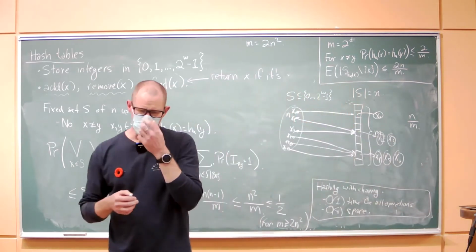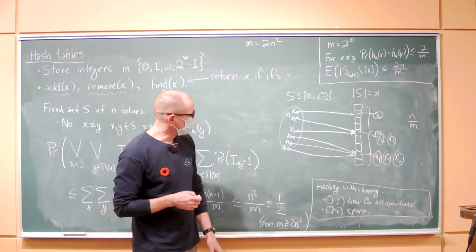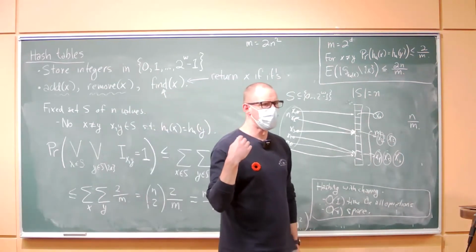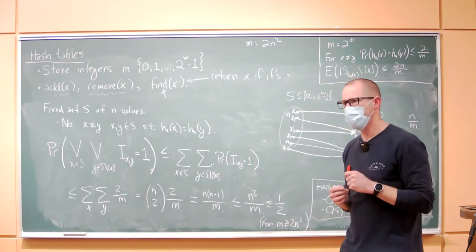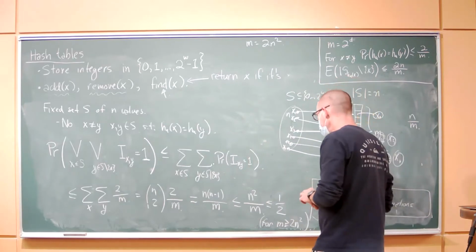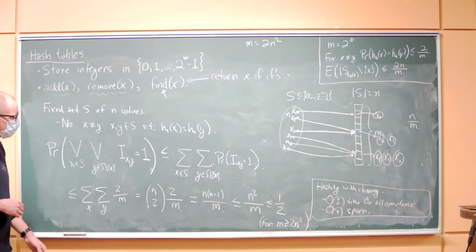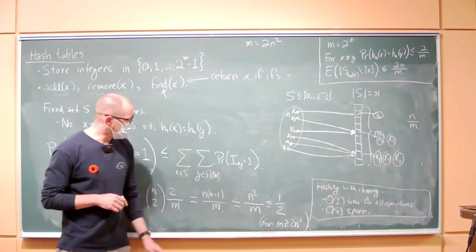In the birthday paradox, if you have m birthdays and more than square root of m people, then you're likely to have two with the same birthday. That's assuming that birthdays are somehow uniformly distributed.